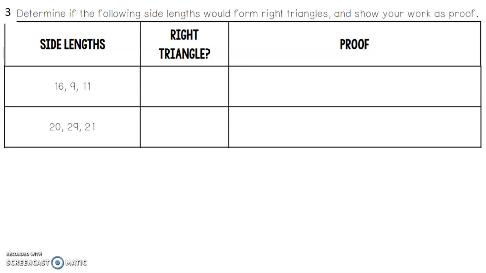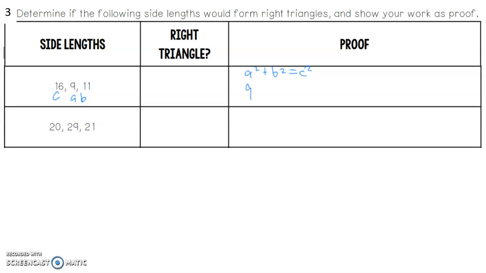So now I don't have the picture. I have 16, 9, and 11, and I want to prove, would those make a right triangle if we connect them? The longest side is the hypotenuse, and then the other two sides would be the legs. So a squared plus b squared equals c squared. I always write the formula because it tells my brain what to plug in.